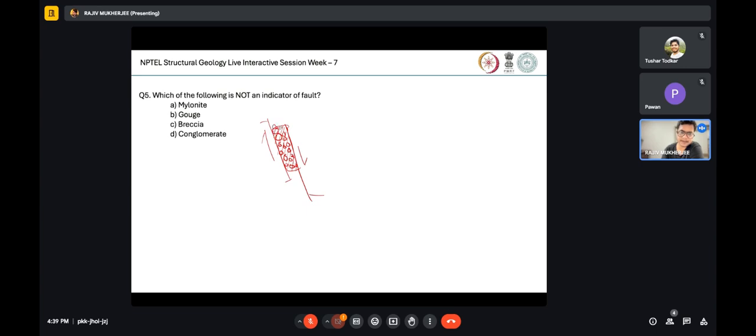These clasts often come from conglomerate units associated with the wall rock, or from formation of this breccia and the gouge zone altogether with clasts in it, they can produce a conglomerate type rock.